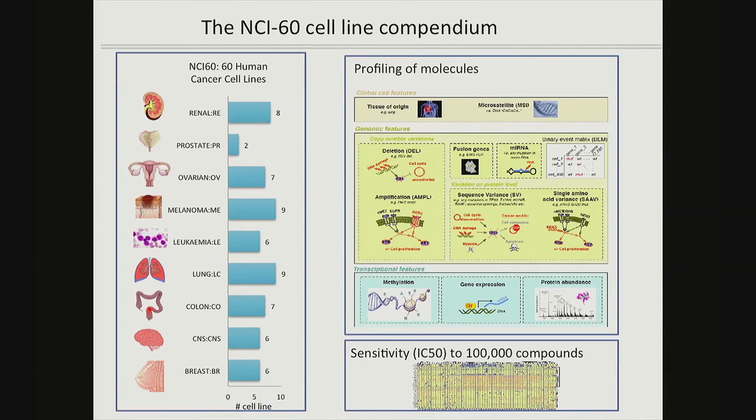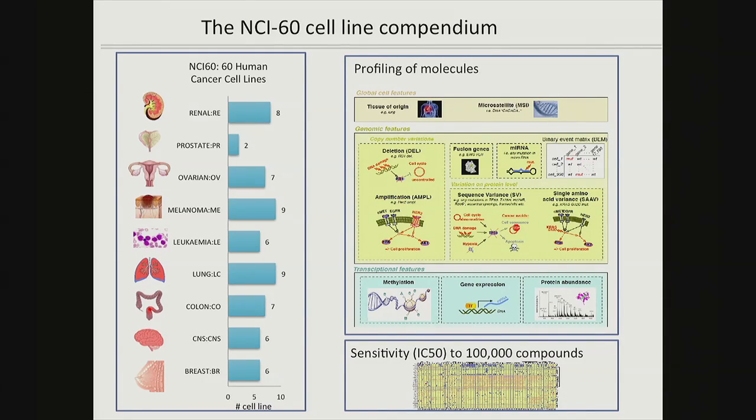These are 60 cell lines that are supported and made available by the NCI, the National Cancer Institute of the US. So they're structured in a way that various tissue modalities are represented, so breast and lung, and you can read it yourself, are represented by a number of cell lines.